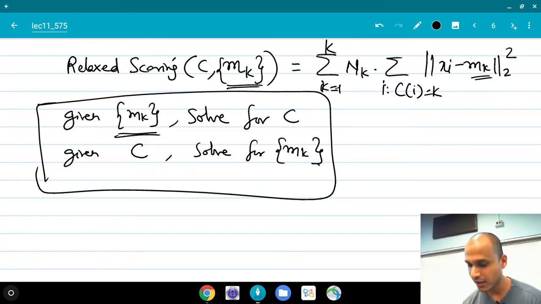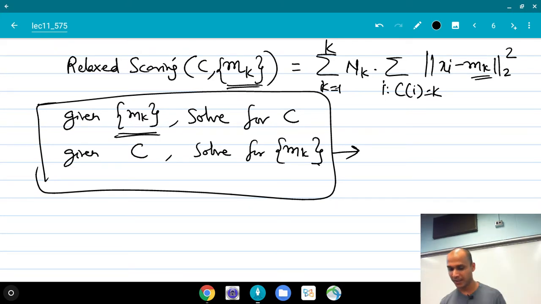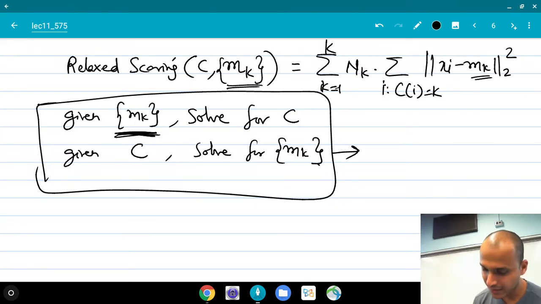Given c, solving for mk is easy, right? If I tell you the cluster assignment, mk is just the average of the points in the cluster. We just saw that in the previous formula. But if I tell you what mk is, you can solve for a c.